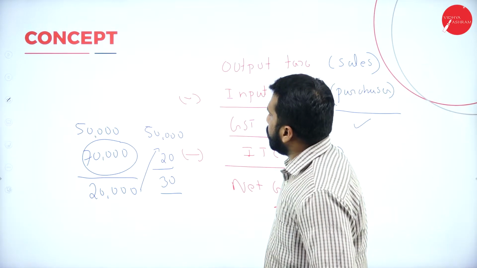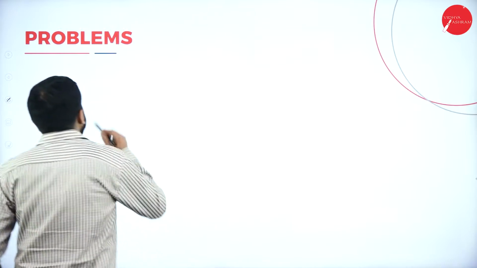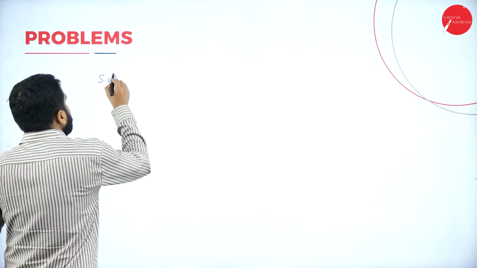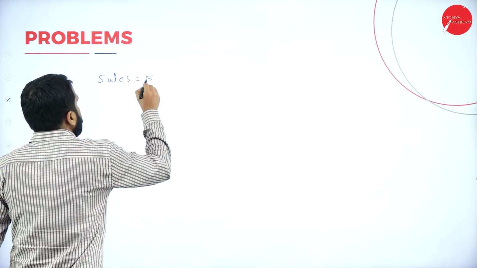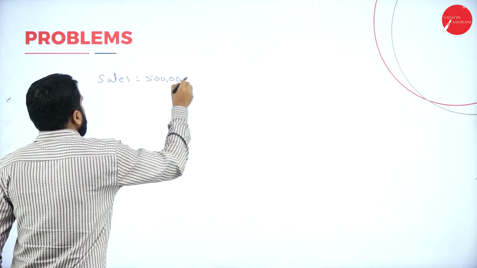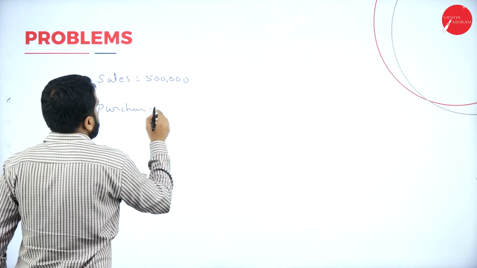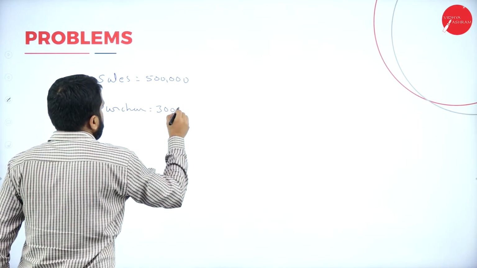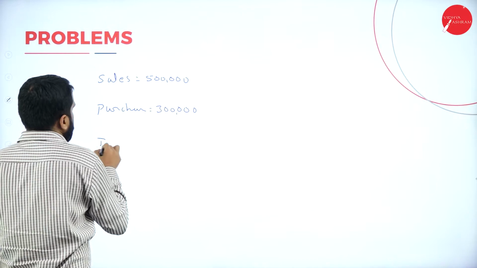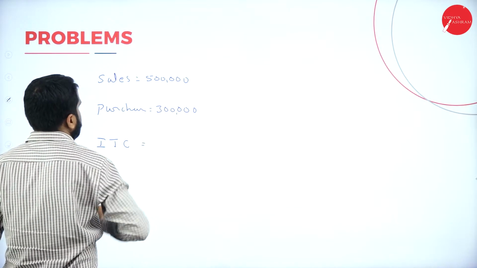Now, assume that in this problem the question will be sales 5 lakh, purchases, so assume that 3 lakh, input tax credit.